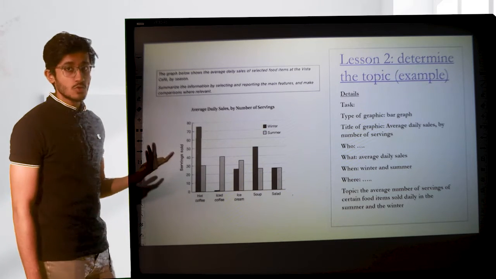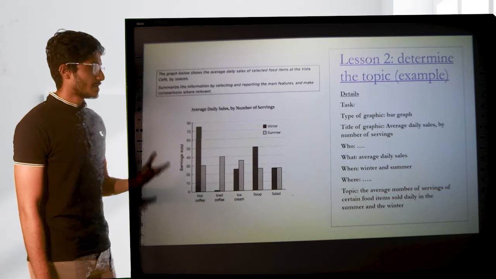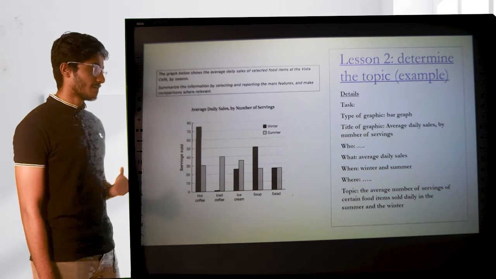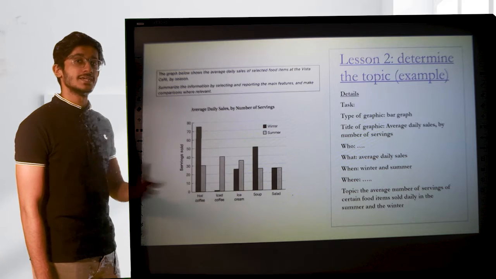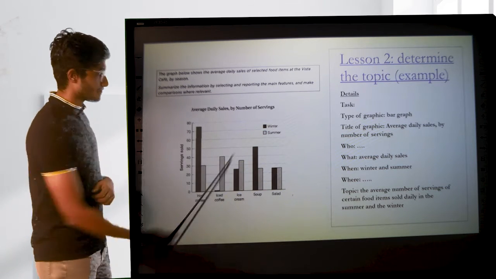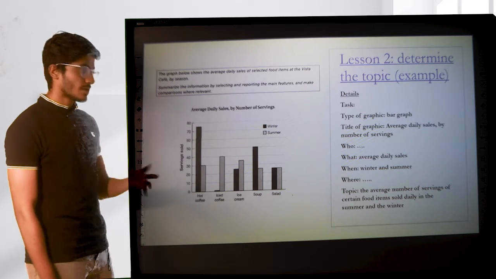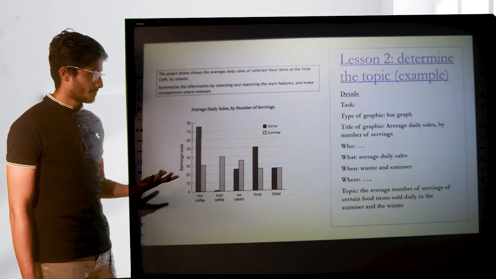So we don't have a who, but we have a what. In order to answer what, you have to ask yourself what the graph is about. The graph is about average daily sales. When? Winter and summer. Here we have 2 dimensions, winter and summer. Where? We don't have a where here, so we don't need it.